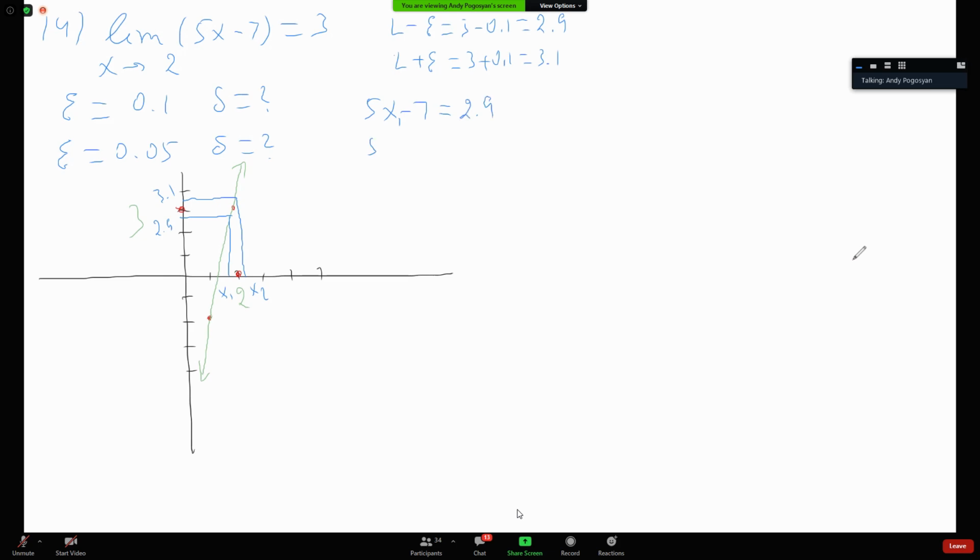So 5 times x1 is 9.9. x1 equals 9.9 divided by 5, which is 1.98. So delta 1 is 2 minus 1.98, which equals 0.02.